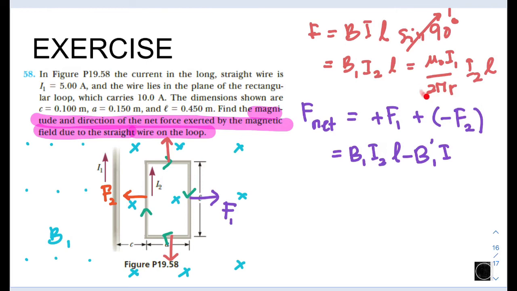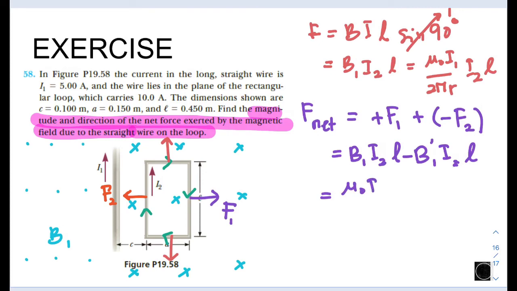The B will be according to the R. At this position the R is C, so this is B1. But for this side the R is already C plus A. That is why madam put the prime sign representing the R is different.